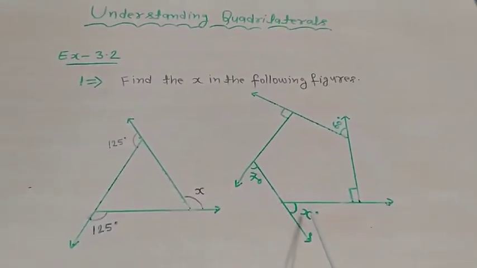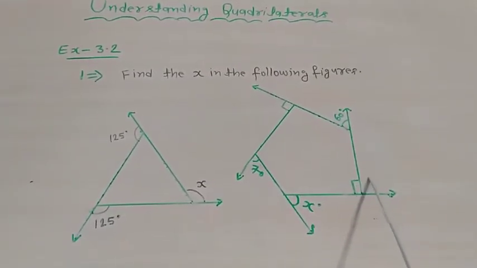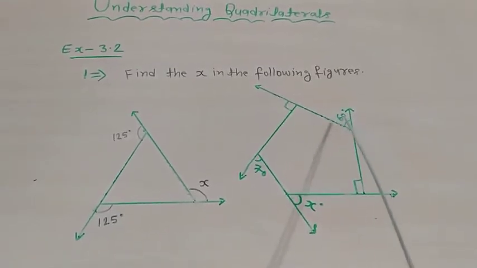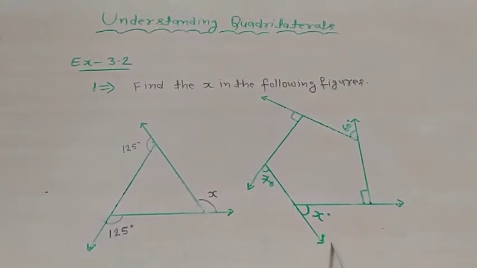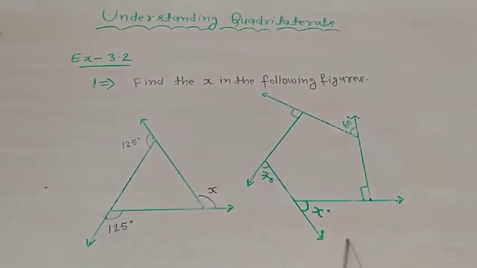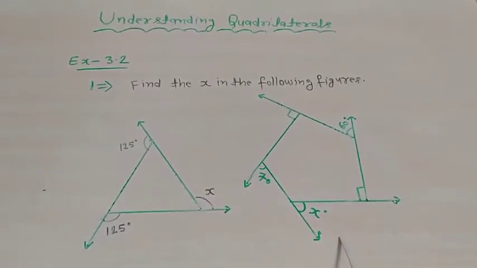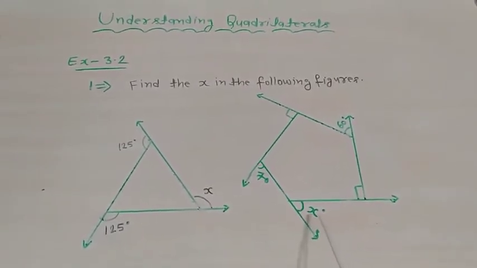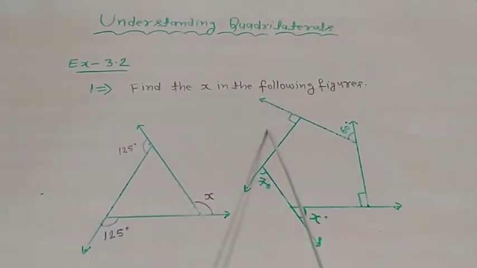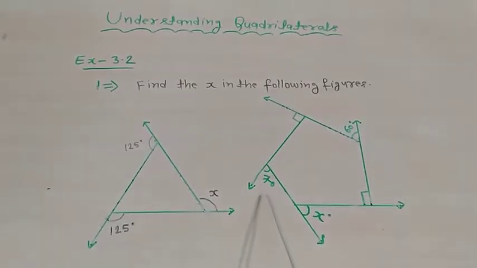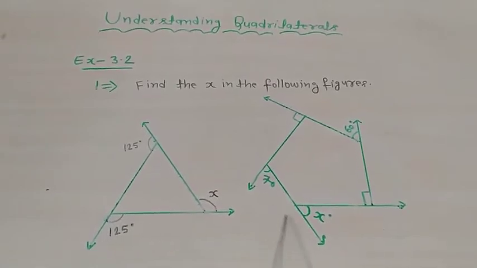Here this is 90 degrees, this is 90 degrees, so this angle becomes 90 degrees. 60 degrees, 70 degrees and x degrees. So we know that the sum of exterior angles of a polygon is 360 degrees. So x plus 90 plus 60 plus 90 plus 70 is equal to 360, and find the value of x.